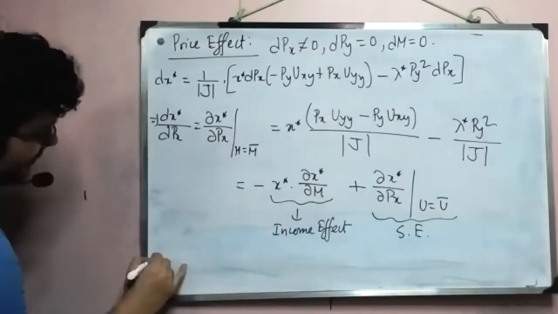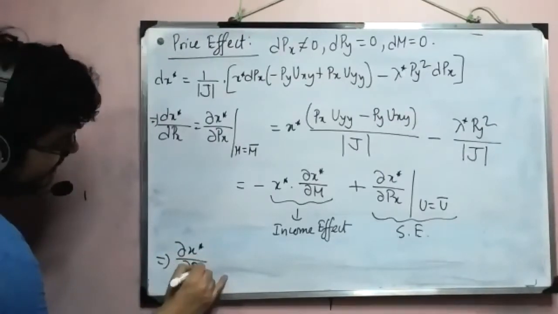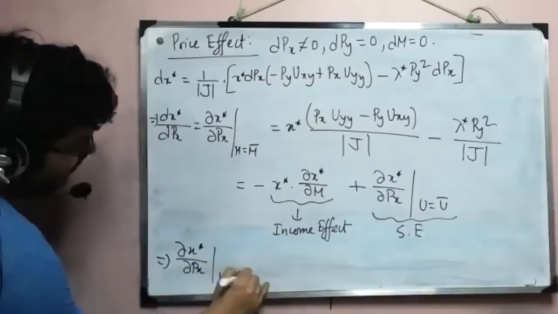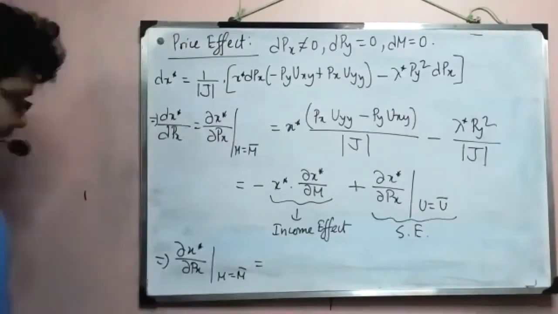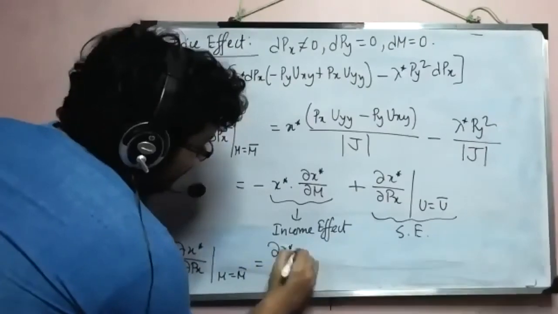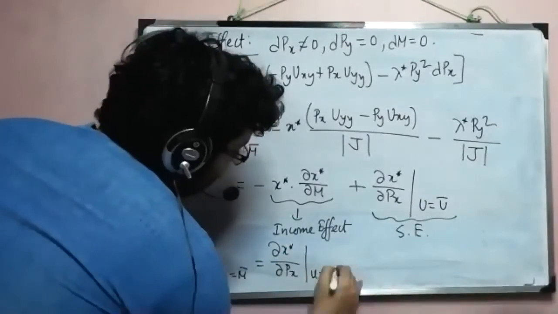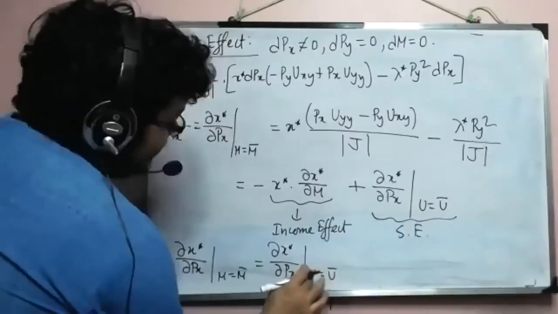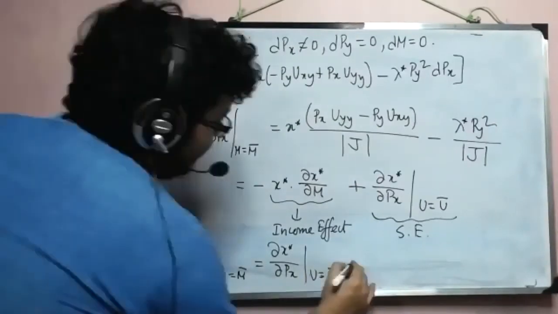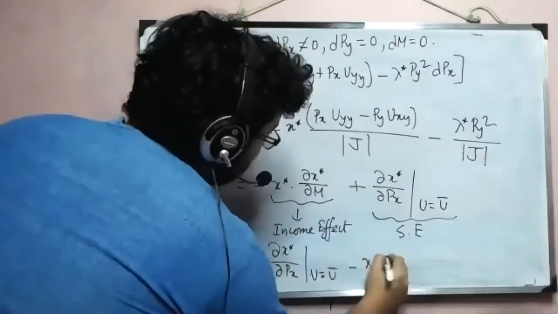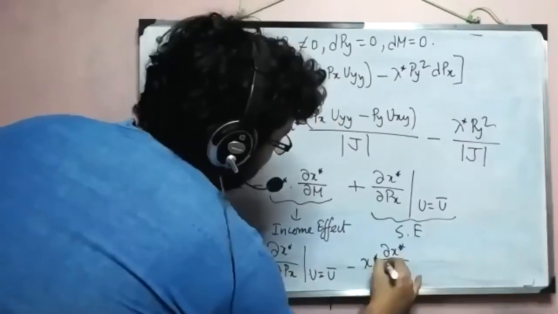So symbolically we can write this del X star del Px M equal to M bar equal to del X star del Px u equal to u bar, sorry, this is capital U, so u equal to u bar minus X star del X star del M.